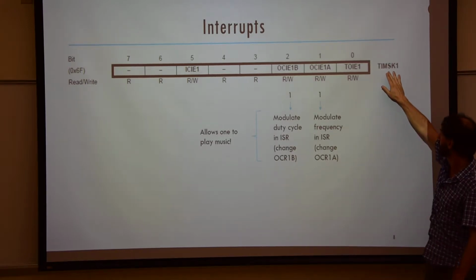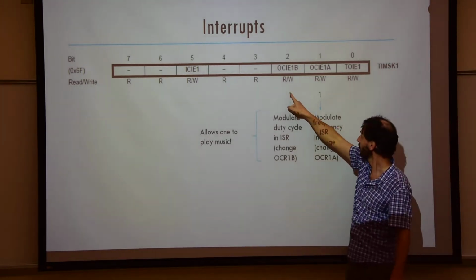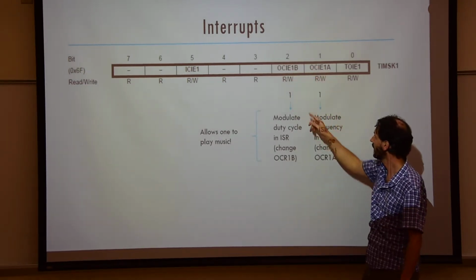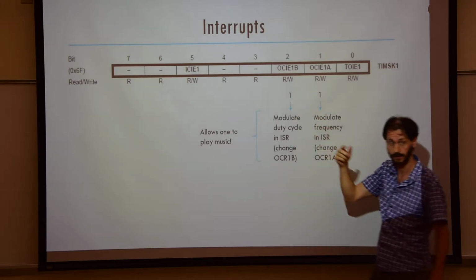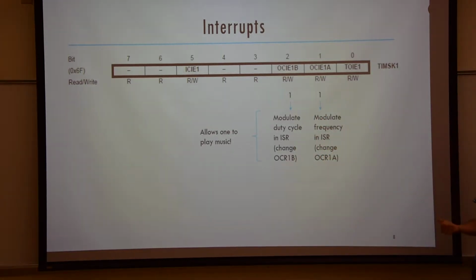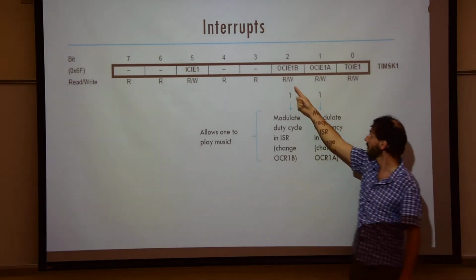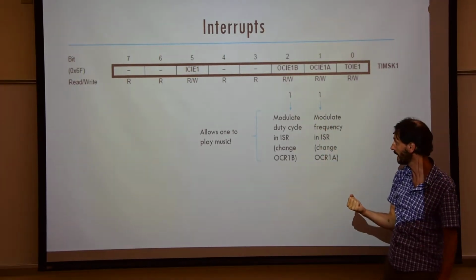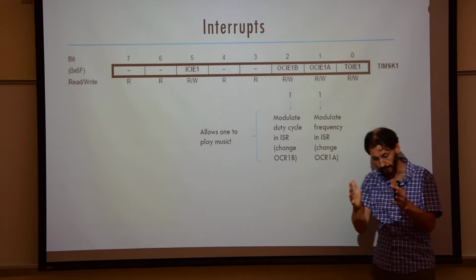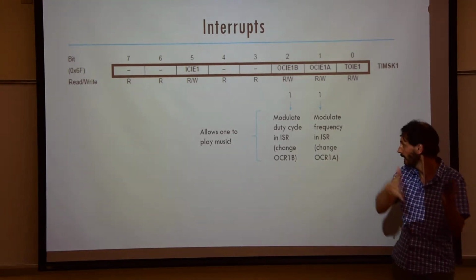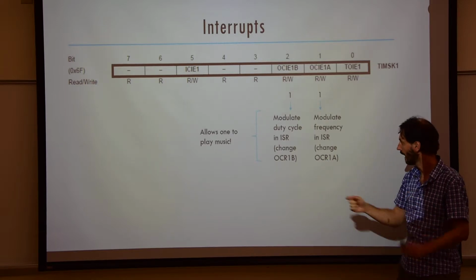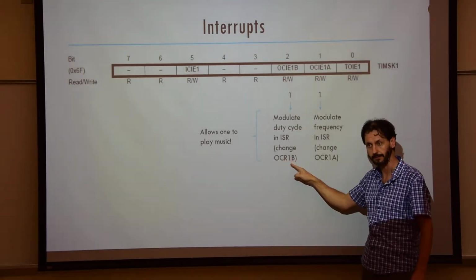Now, in the mask register, I can put a 1 and a 1 here to enable these two interrupt service routines. So here we have an interrupt service routine, right? If you write that, it will be triggered when I see a match with the OCR1B register. The cool thing about that is that as soon as that match happens, the ISR is being called, and in that ISR, I can change my OCR1B.